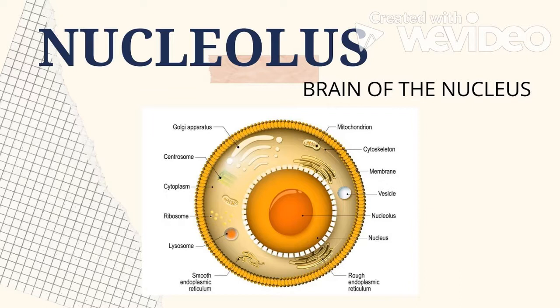If you're wondering, the nucleolus and nucleus are different things. The nucleolus is smaller, does not contain any chromosomes, and is rich in RNA, while the nucleus is bigger and has chromosomes and is also rich in DNA.